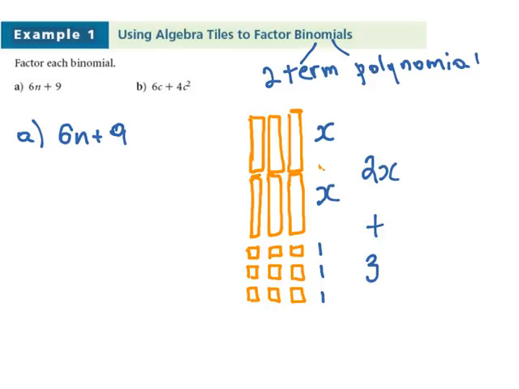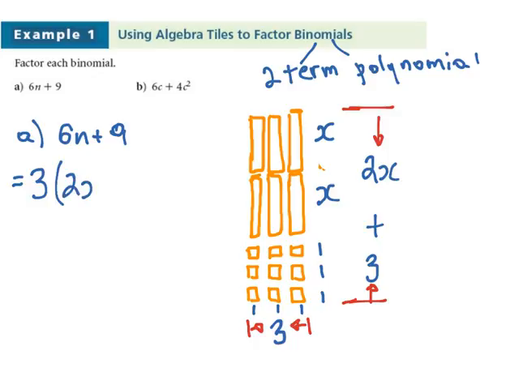So this is the dimension of this side of the rectangle. What about the bottom dimension? Well, the bottom dimension, we have 1, 1, and 1 units. That means we have a total of 3 units. So if we factor 6n plus 9 using the algebra tiles, we'll get 3 times bracket 2x plus 3.